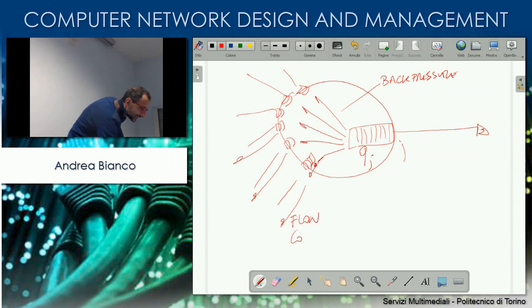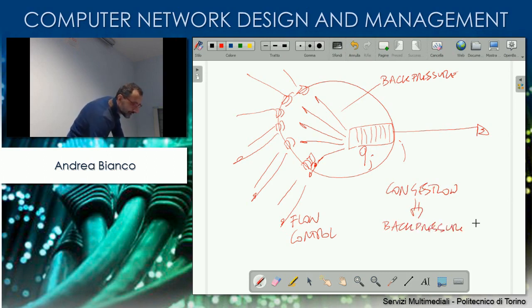So the logical flow is, I have a congestion problem. The congestion problem creates an internal back pressure signal to avoid dropping packets, which saturates the buffers at the input, which as a consequence induces and creates the flow control mechanism.